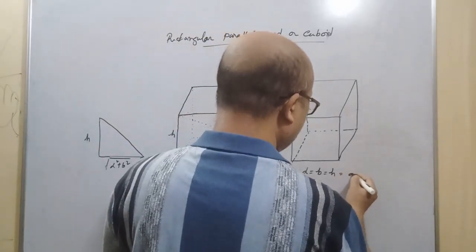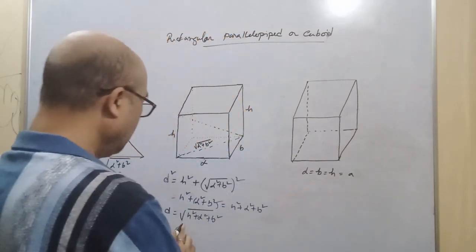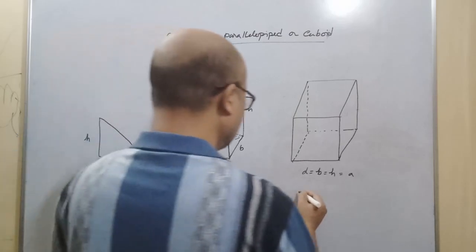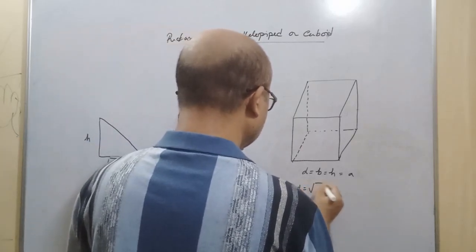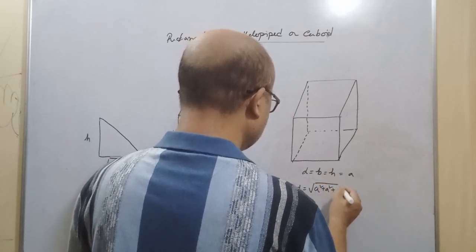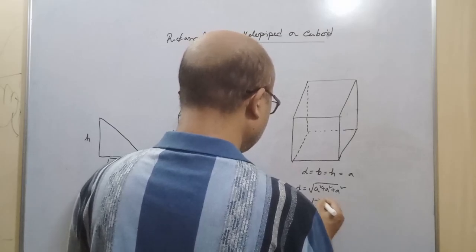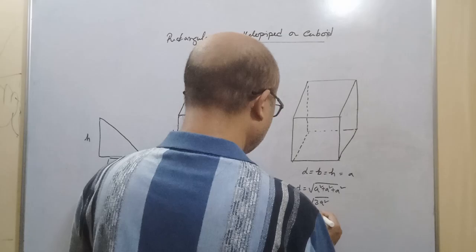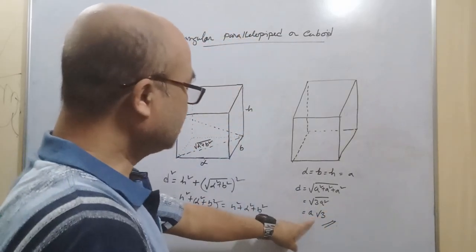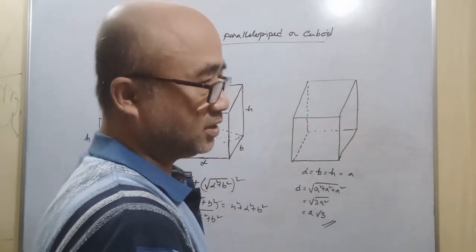Suppose each side is equal to a, any value. Then d is equal to root over h square plus L square plus B square. So d is equal to root over a square plus a square plus a square, which is equal to root over 3a square, which is equal to a root 3. So this gives us the value of the diagonal from one vertex to the opposite vertex.